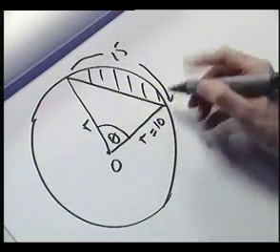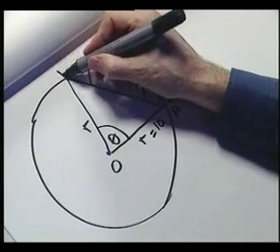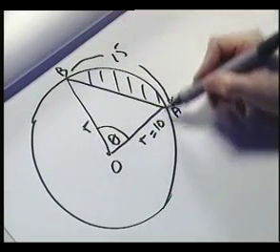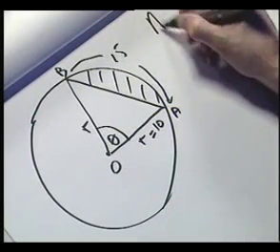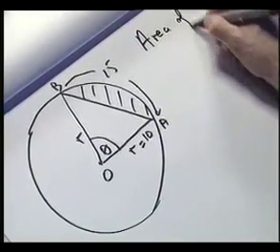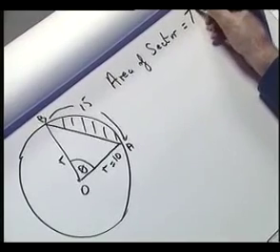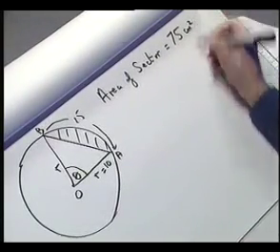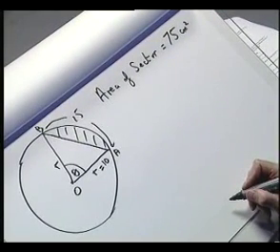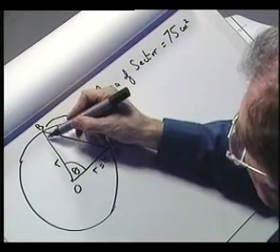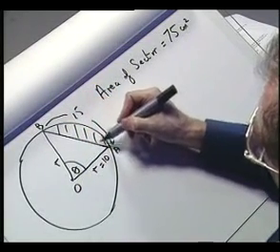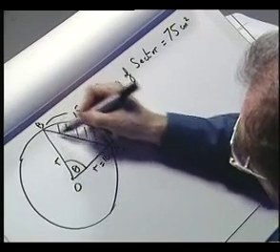Well, we know the area of the sector of the circle. Area of sector, because we calculated that, and that was 75 centimetres squared. What we need to be able to do is work out the area of this triangle.